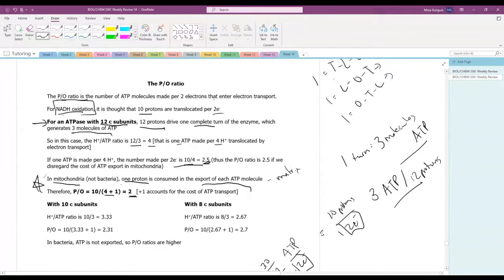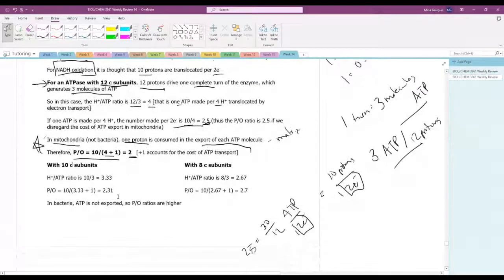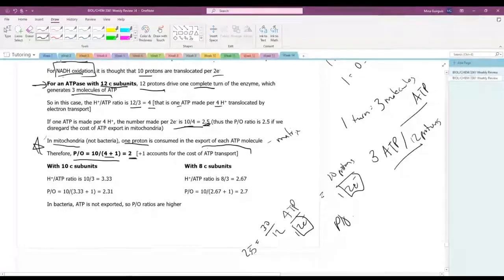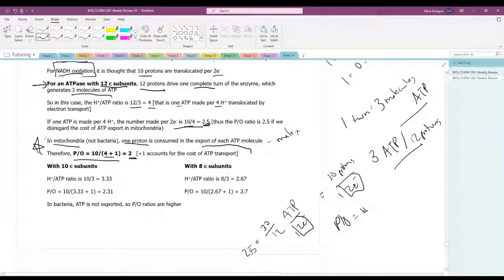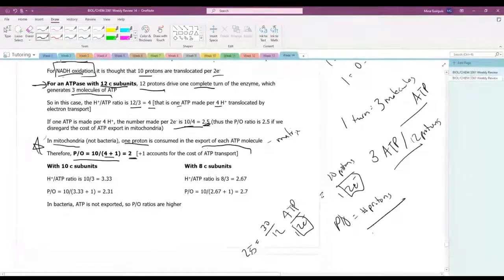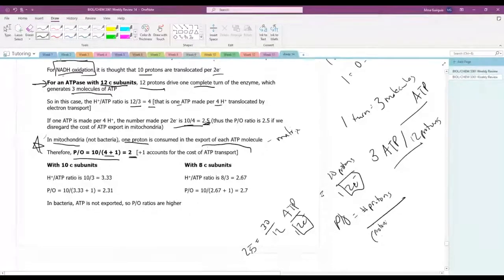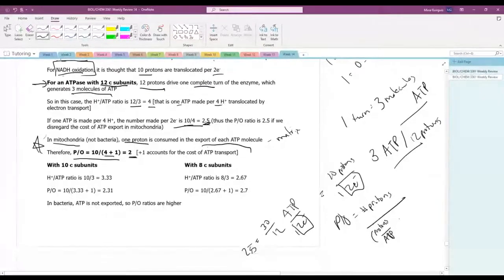Okay, yes, it is 2.5, but it's 2. So this is a generic formula that I think is really, really important to memorize. P over O equals the number of protons, 10, divided by protons per ATP, plus 1.